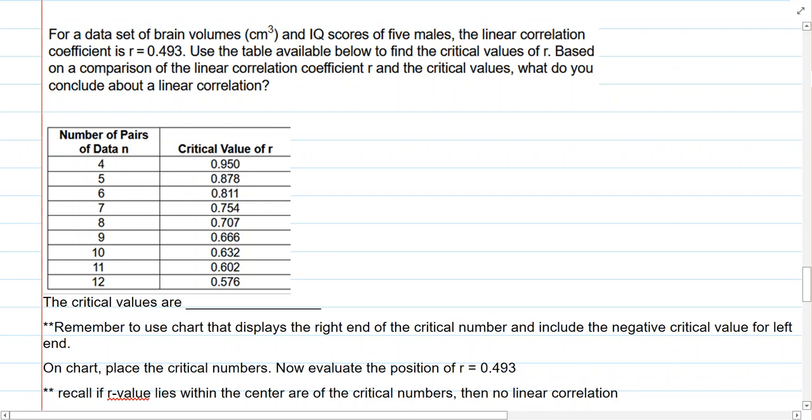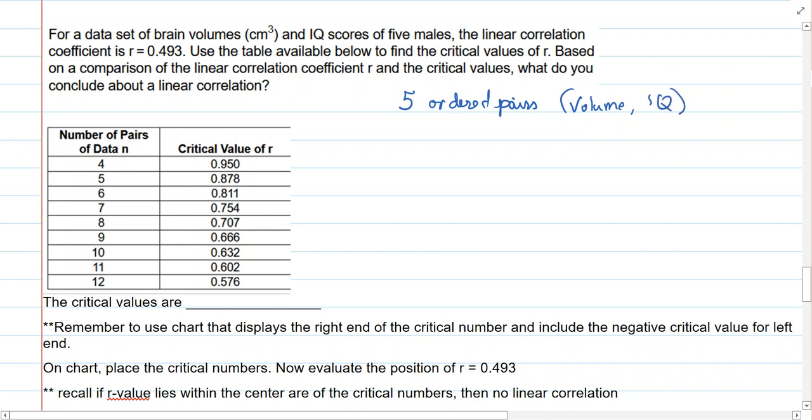For a data set of brain volumes, in centimeters cubed, and IQ scores of 5 males, we have 5 ordered pairs of volume and IQ.